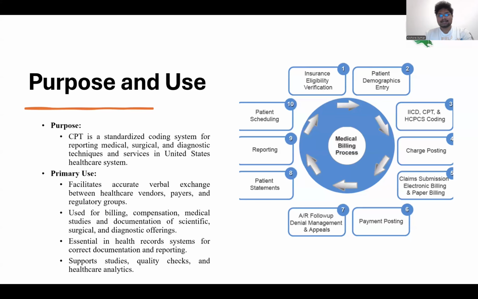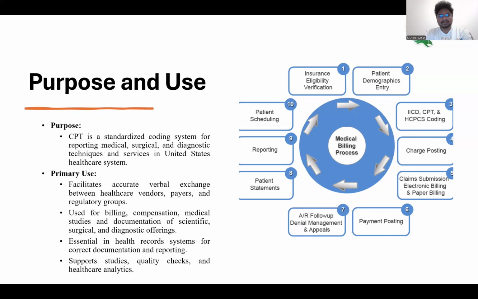The purpose and use of CPT. Purpose: the CPT is a standard coding system for medical reporting of surgical and diagnostic techniques and services in the United States healthcare sector. Primary use: it facilitates accurate communication between healthcare providers, payers, and regulatory groups.